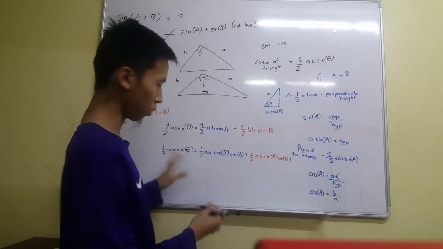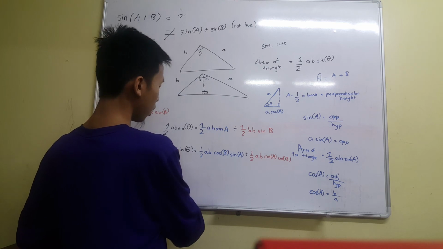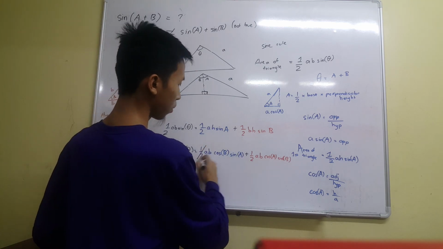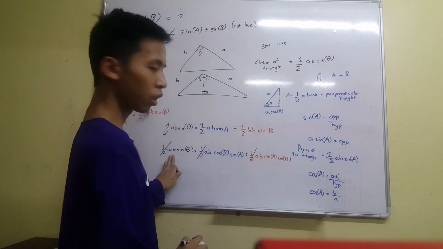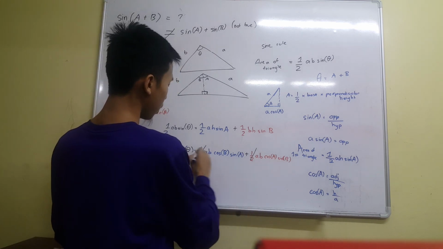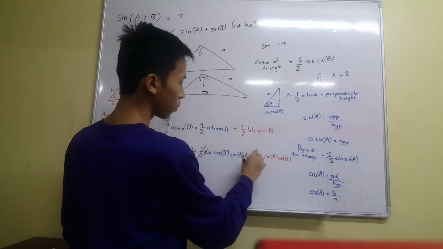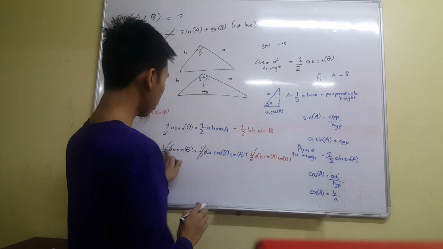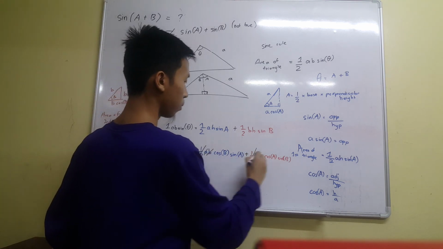I can cancel this out one by one: half, A and B are common to all these terms, so you cancel them out.